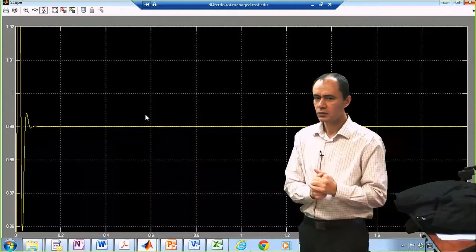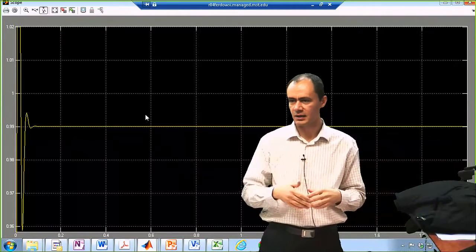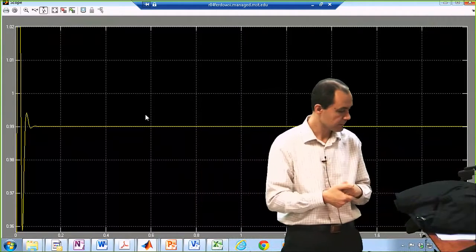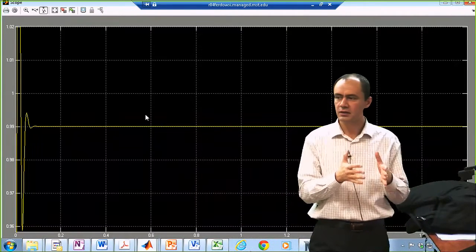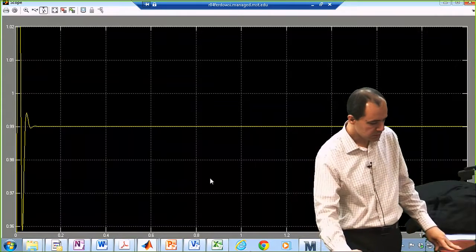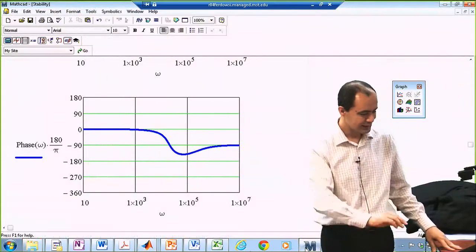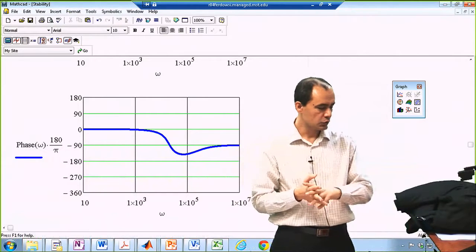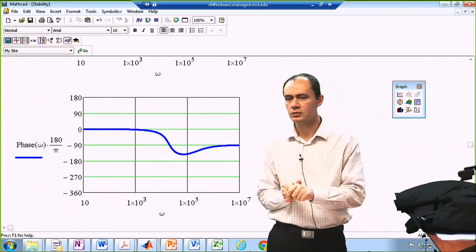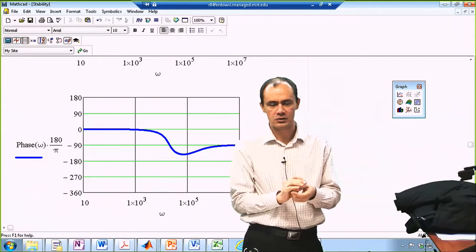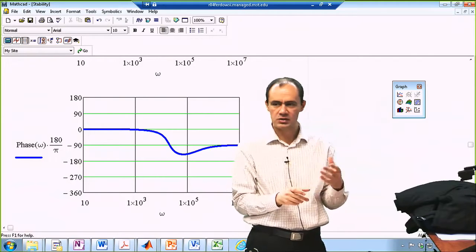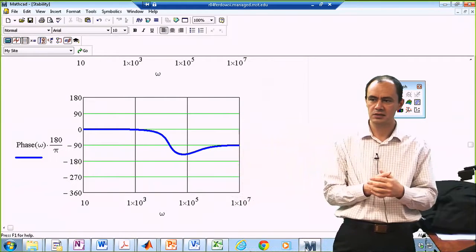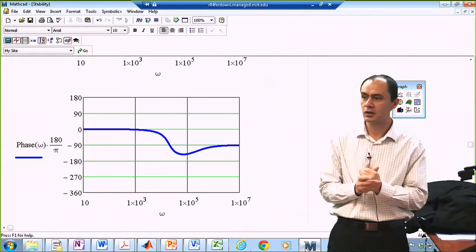So you may argue, what if I keep increasing this gain, instead of 100, do 10,000, 10 million, things like that. And this error is going to get smaller and smaller. This particular transfer function is lucky in the sense that no matter what kind of gain you apply, your phase margin is always going to be positive and your system is always going to be stable, which is a very special case, because in a lot of systems, once you start increasing the gain, your system is going to go unstable.